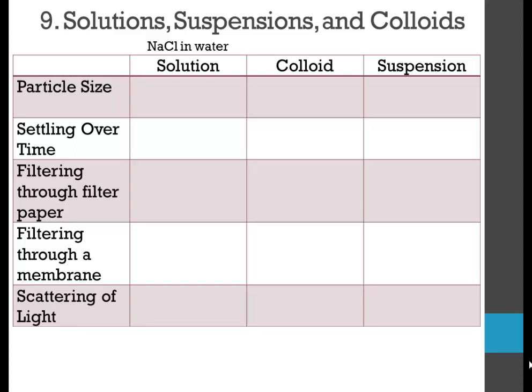So an example of a solution, you can think of salt water. The particles inside of a solution are very, very small. They're individual ions or atoms. So in the case of salt water, whenever that dissolves, I get a sodium ion and a chloride ion. Very small individual particles. So you can think of that as being like the size comparatively of a marble.